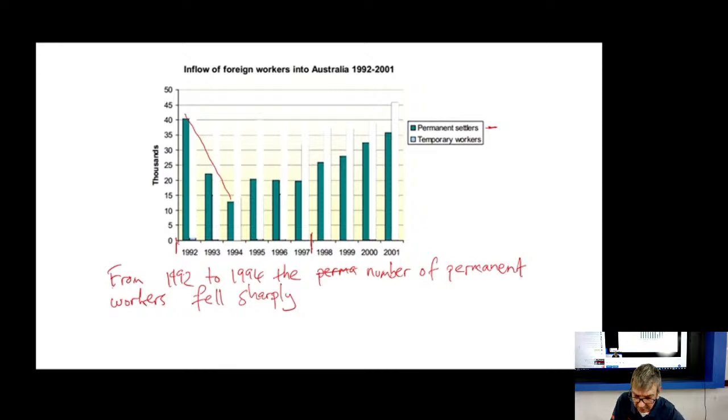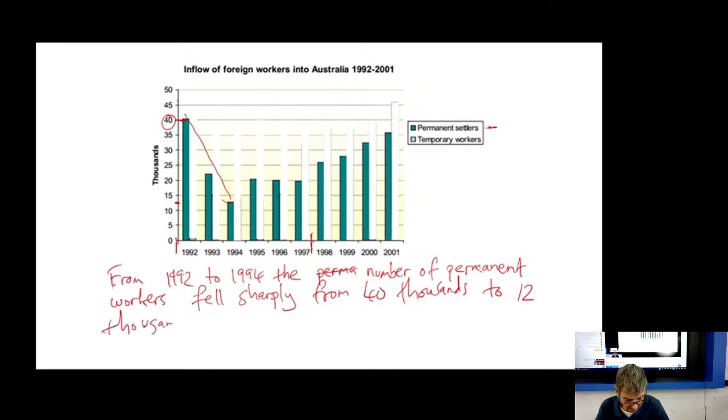Now, where did it fall from? So it came from this one down to about here. So it fell sharply from 40,000 to 12,000.